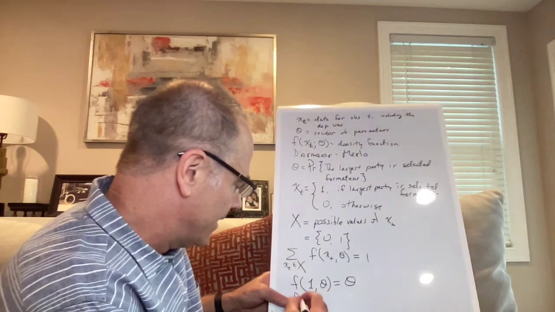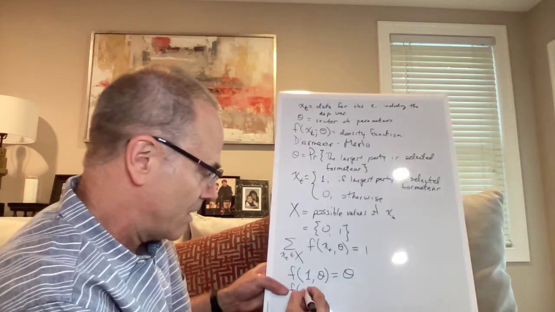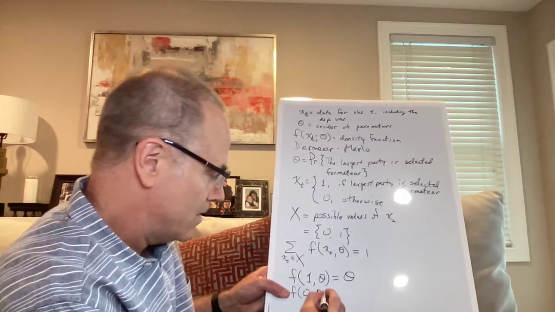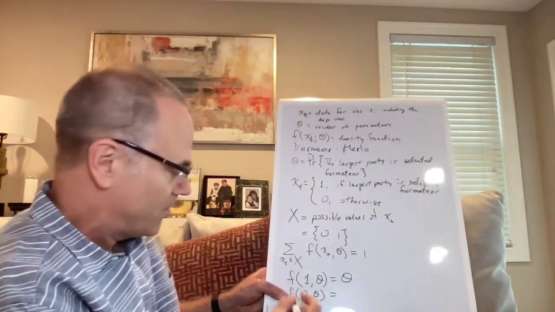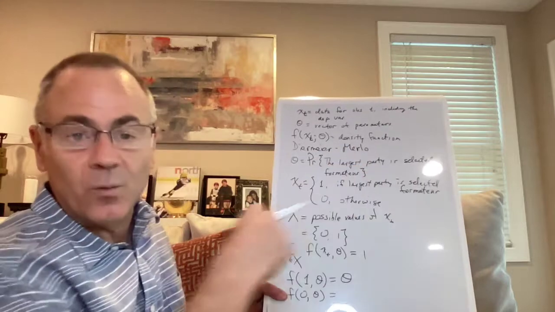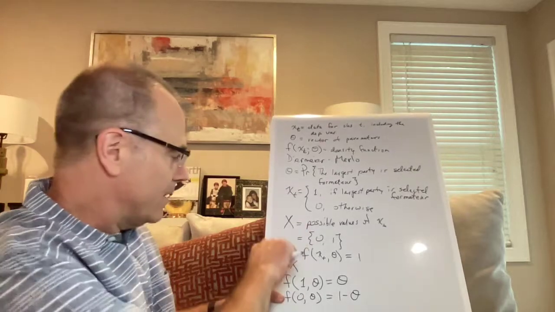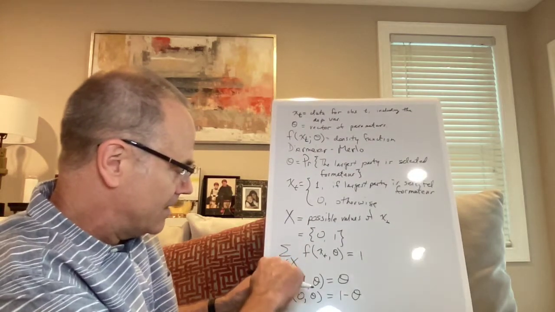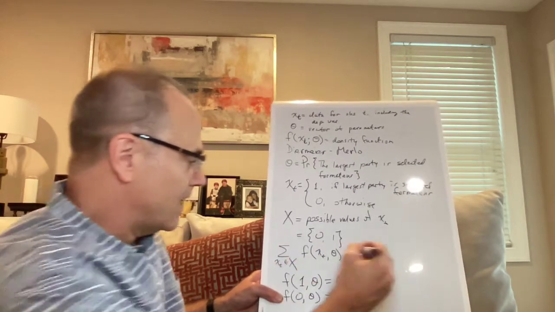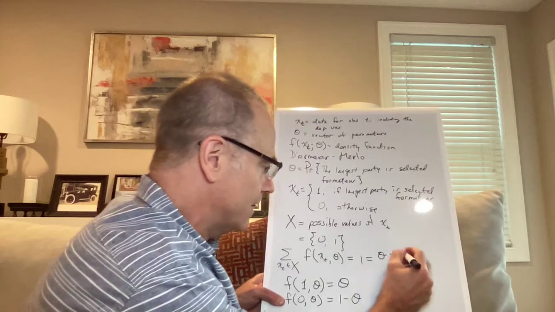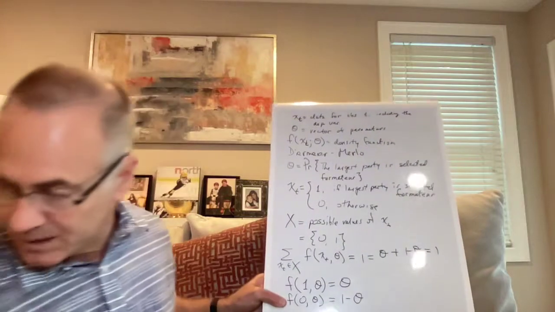Now the probability that the largest party is not selected formateur, we describe as f of 0 given theta. Given this setup, that has just got to be 1 minus theta. So f of x_t summed over all the possible values of big X must equal theta plus 1 minus theta, which equals 1. Okay, that's where that comes from.